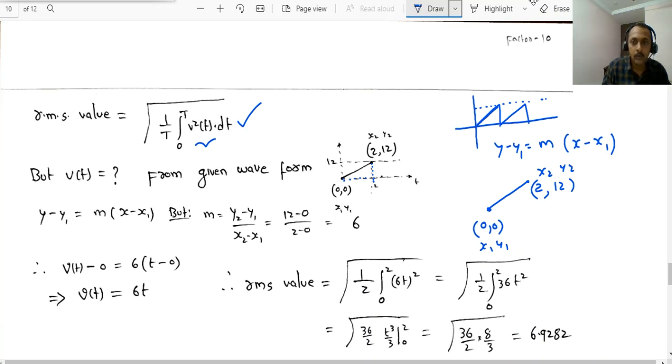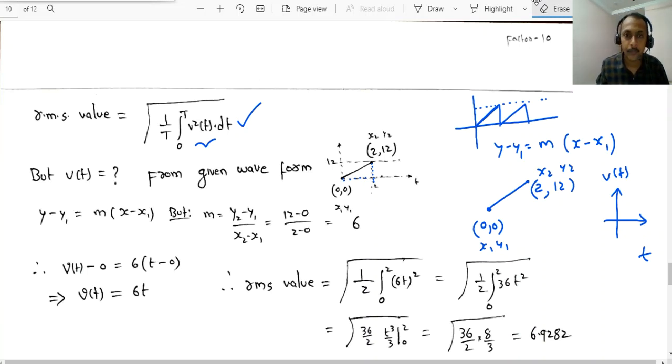y minus y1 equal to m into x minus x1. But in our case, in the place of the x-axis we have time, and in the place of the y-axis we have v of t. That's the only difference. For understanding sake, you express in terms of y and x at the starting stage; later you replace them. In the x-axis place you get t, in the y-axis place you get v of t.